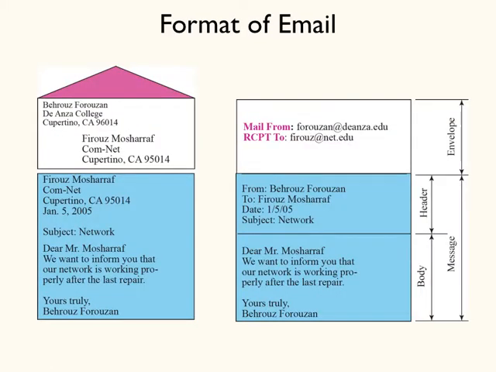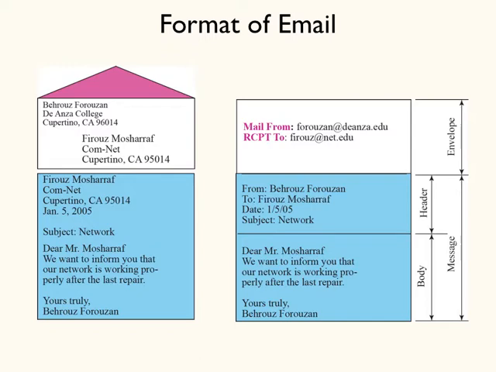So what does an email actually look like? Usually it's very similar to the idea of physical mail. First we have an envelope, and the envelope specifies where this email is from and who it is being sent to.